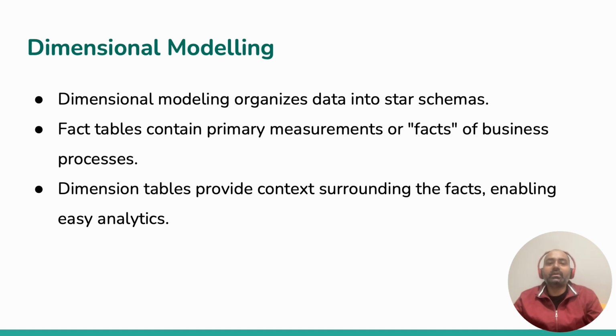As part of dimensional modeling, we have two key things, which are facts and dimensions. We're going to see that in the next slide as well, but basically a fact is an actual event, right? And a dimension is something that combines with the fact and gives you broader, more useful information. Let's say you have a user who's doing transactions.